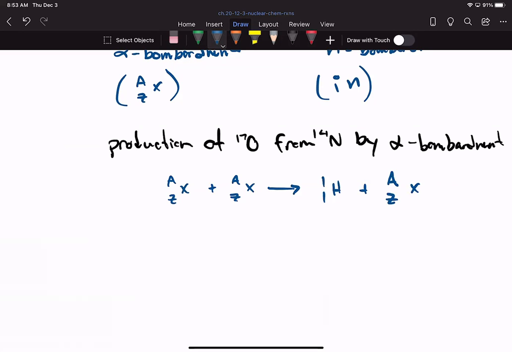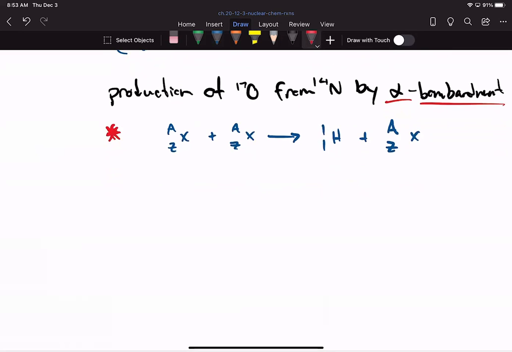Sorry, my mic cut off. So this is just the general formula. We're going to fill out what A is, what Z is, what X is, but this is where we need to start for what we consider alpha bombardment, right? This is the skeletal reaction that we're going to use.